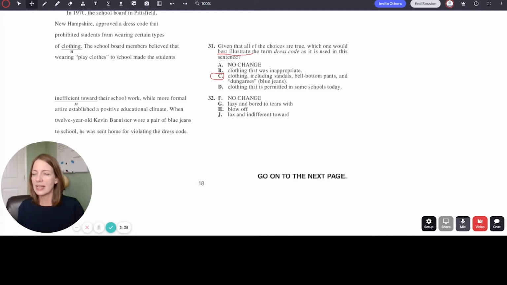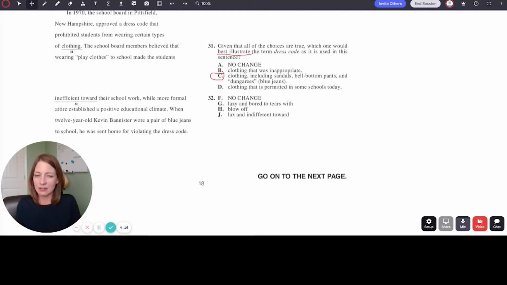The school board members believed that wearing play clothes to school made the students inefficient toward their schoolwork, lazy and bored to tears with their schoolwork. So ACT wants it to be more concise communication, but also you have to think through the style of it, okay? The school board members believe that wearing play clothes to school made the students, and actually the fact that it says play clothes kind of clues me into that maybe the sandals, not being able to wear sandals, play clothes.